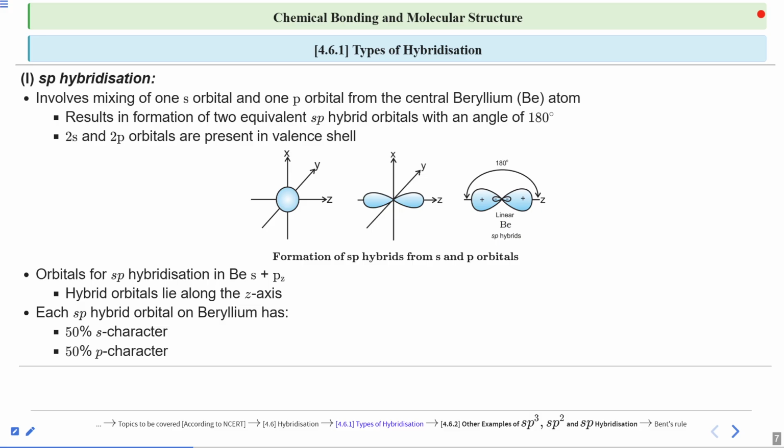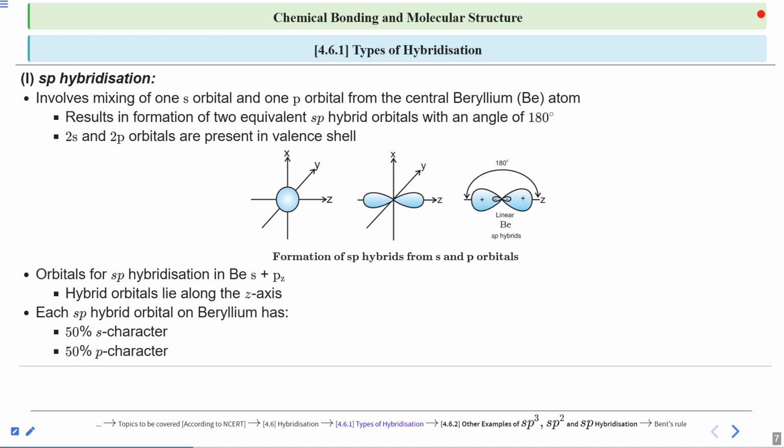You are giving the character percentage of the hybrid orbital equally among s and p, and you will do this same thing from here onwards.